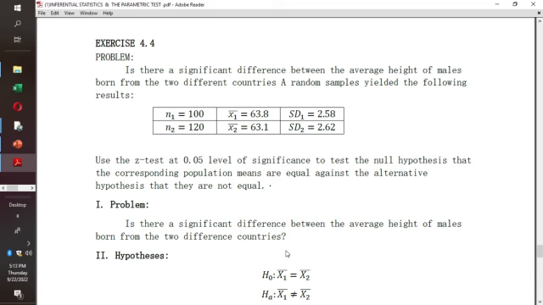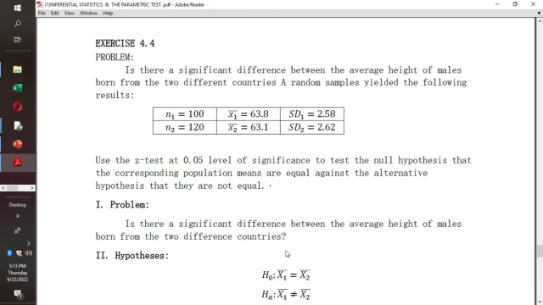Mean of group 2 is equal to 63.1. Standard deviation for group 1 is equal to 2.58. Standard deviation for group 2 is equal to 2.62. Use the z-test at 0.05 level of significance to test the null hypothesis that the corresponding population means are equal against the alternative hypothesis that they are not equal.